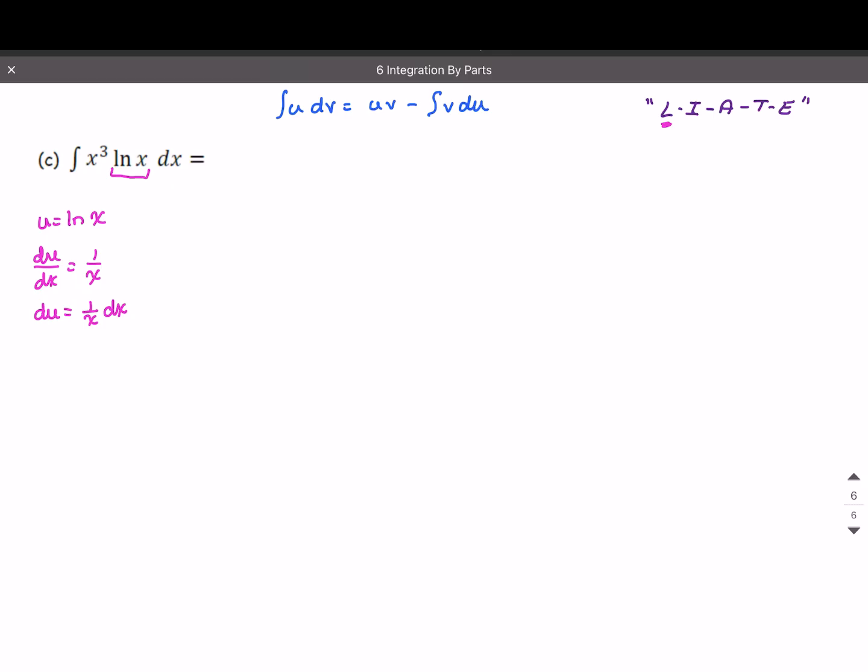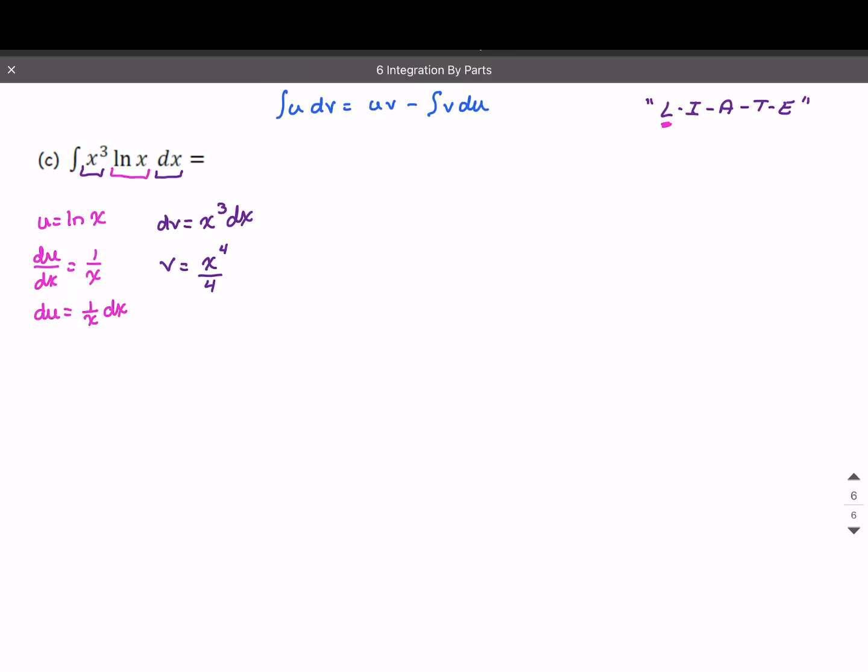This time we're solving for du, not dx, like in our normal u substitutions. This also means that dv is everything else that's left over. That's x cubed dx. So when we take the antiderivative, we add 1 to the exponent, and we divide by that new exponent. So our v is x to the 4th all over 4, or 1/4 x to the 4th is fine too.